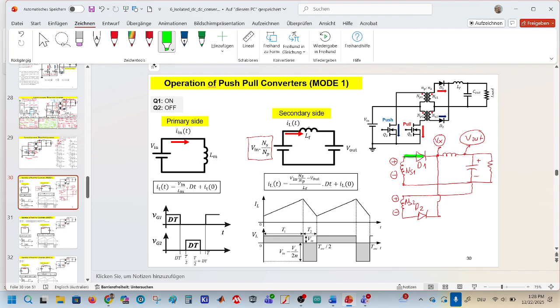And now we have the current flow like that, and there is no current flow as shown here. So now we have a buck converter.